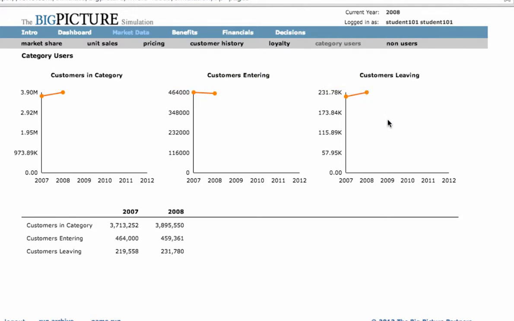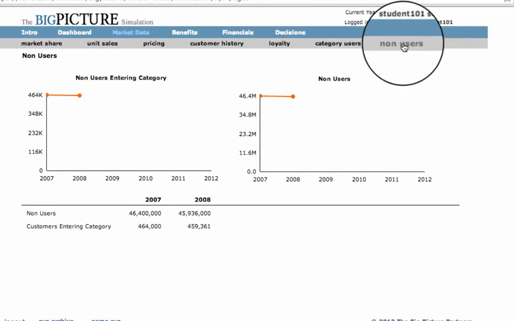We can also think about our total market potential by looking at the non-users screen. In the non-users screen, we get to see how many non-users of the category have entered and how many are left as potential customers.